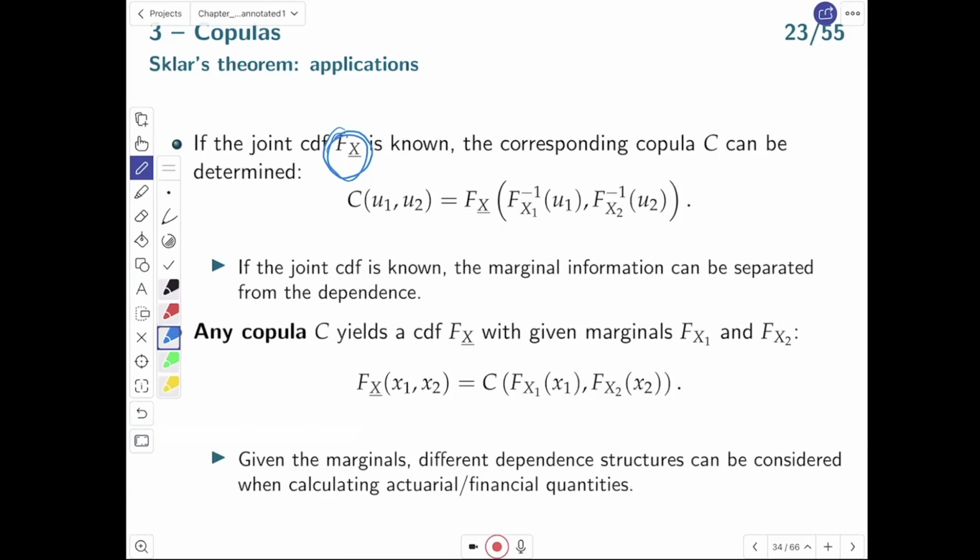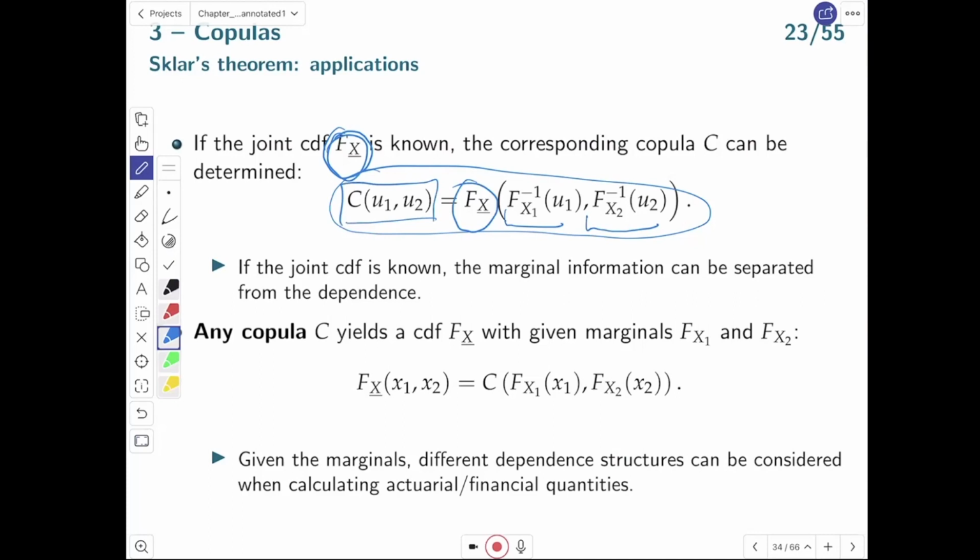So then if we apply this function here, which, if you do the proof, you can find out where it comes from, is basically inverting that formula for Sklar's theorem. Then this tells you, if I know the joint CDF and I know the marginals, meaning I also know the inverses, I use the inverses, then I can extract the dependence information, right?